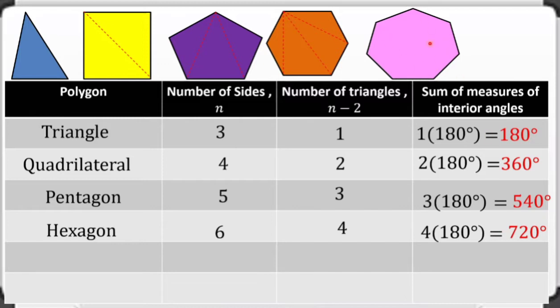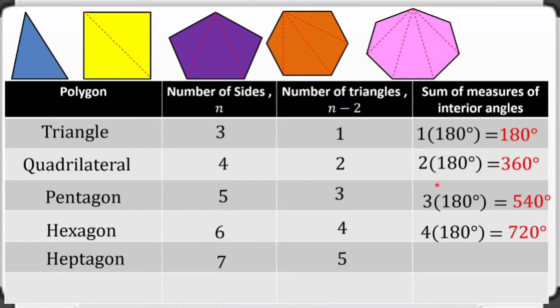Now let us have this figure. What polygon is this one? Correct, that is a heptagon. A heptagon has 1, 2, 3, 4, 5, 6, 7 sides. Now let's draw the diagonal. Let's count the triangles: 1, 2, 3, 4, 5.